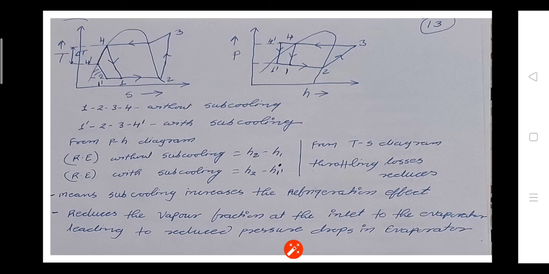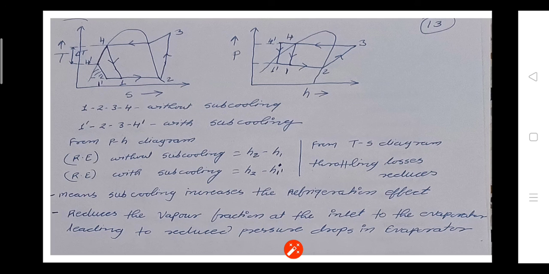After subcooling, point 4 shifts to 4 dash and point 1 shifts to 1 dash, so with subcooling the cycle is 1 dash 2 3 4 dash.